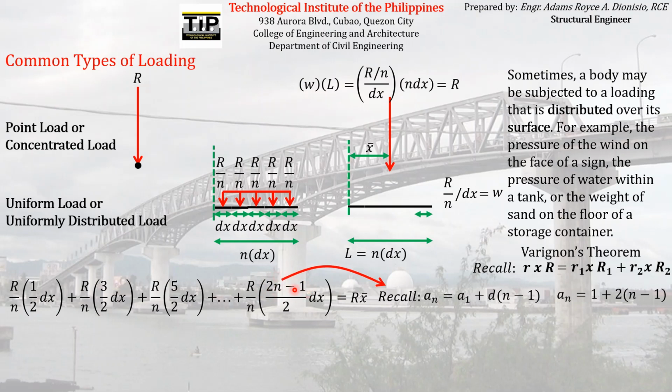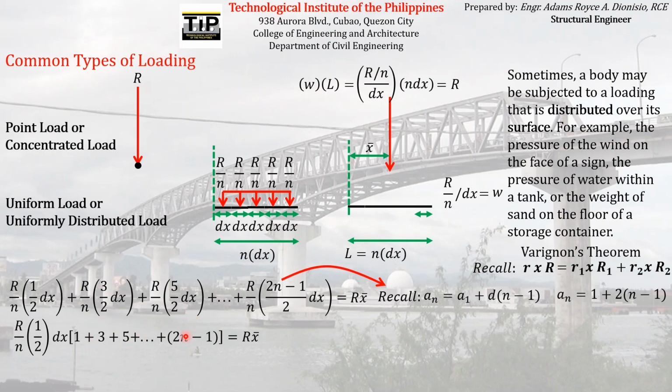So, simplifying, kasi may R over n tsaka dx bawat term, pwede natin i-factor out yan. Factor out that, ang matitira na lang sa loob ay 1, 3, 5, and so on hanggang 2n minus 1. So, paano mo isi-simplify ito, yung nasa loob ng quantity na to?